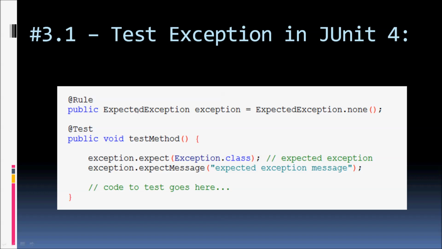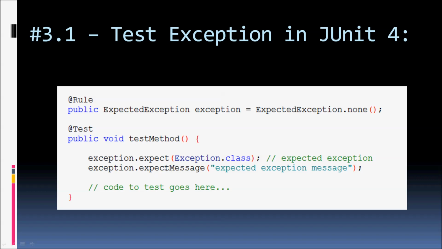This specifies a rule for all test methods in the test case. And in the test method, we call the methods expect and expectMessage to assert the exception is thrown.